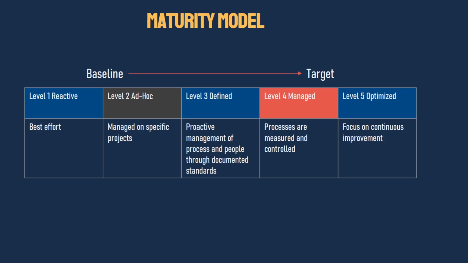And number 5, where we are considered optimized and we focus on continuous improvement as an organization. Typically, on a maturity model, you list the current baseline of where you are, as well as the target where your architecture work will help you get to.